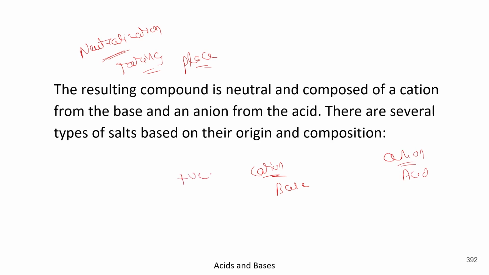Cation is always positive, anion is always negative. So note this down: the base donates the cation part, the positive part, the acid donates the anion part, the negative part, and then they both combine together.